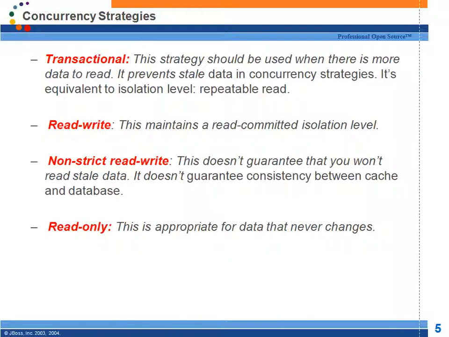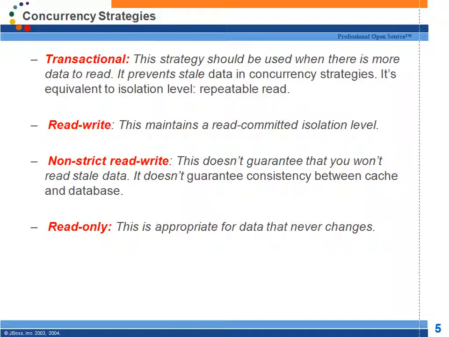Okay, as I said, there are transactional concurrency strategies to enable isolation levels. These are the 4 concurrency strategies. If you are using the concurrency strategy named transactional, it is equivalent to isolation level repeatable read, right? If you are using read write, this maintains read committed isolation level.